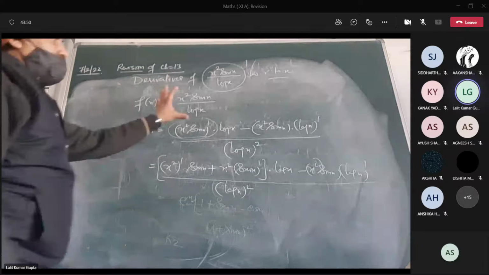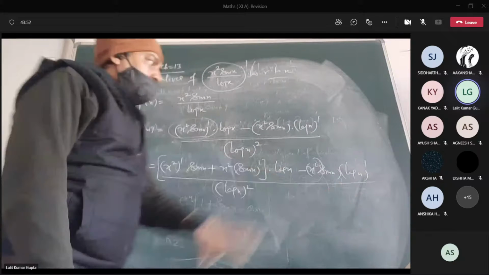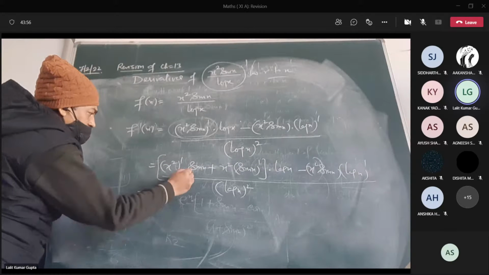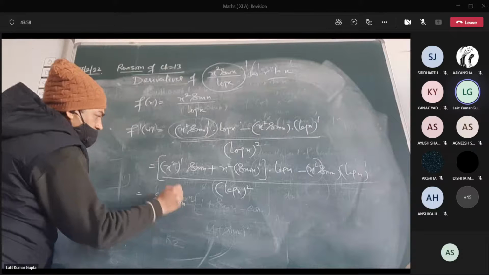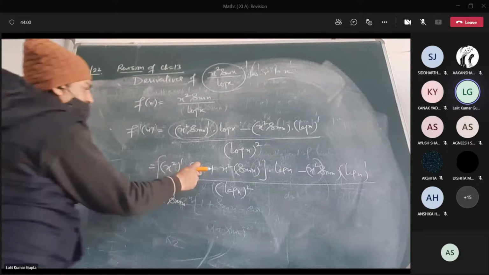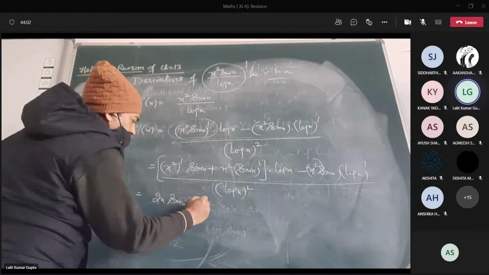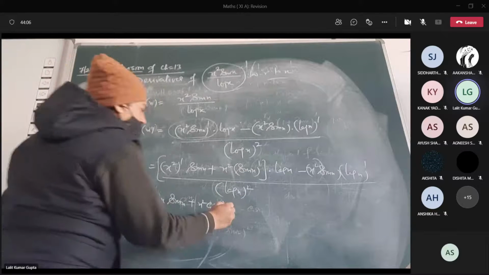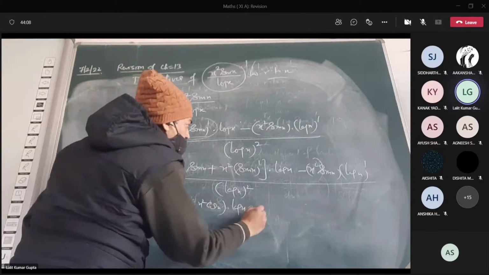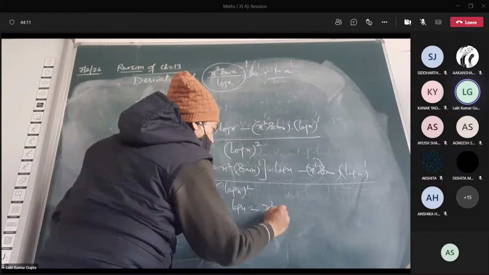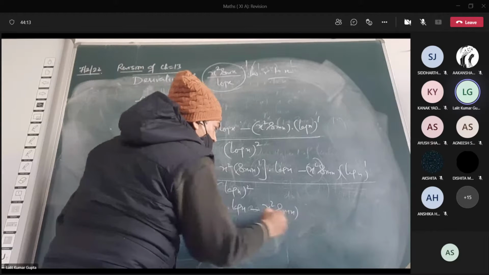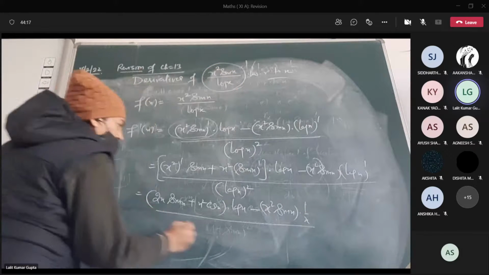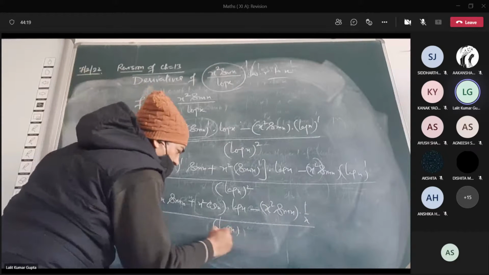Now you have applied the complete rule properly. Now differentiate: derivative of x square is 2x, sin x as it is, x square as it is, derivative of sin x is cos x, and this is multiplied with log x, minus x square sin x into derivative of log x, which is 1 by x, whole upon log x whole square.